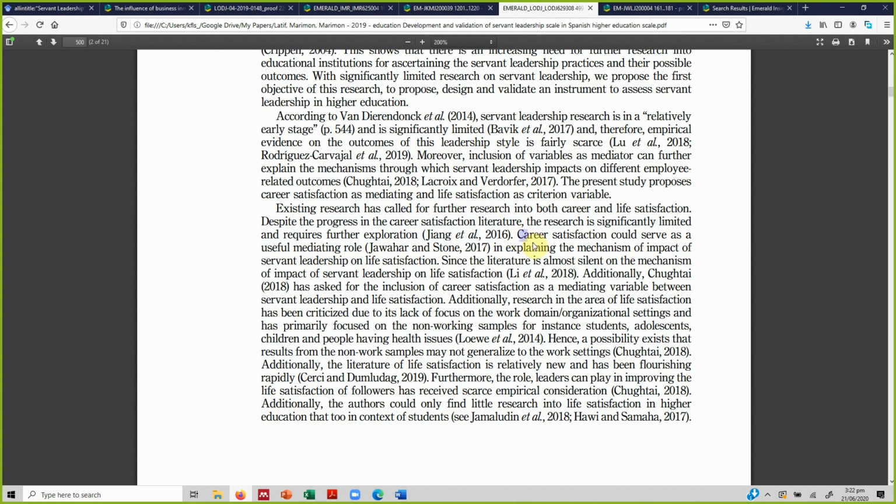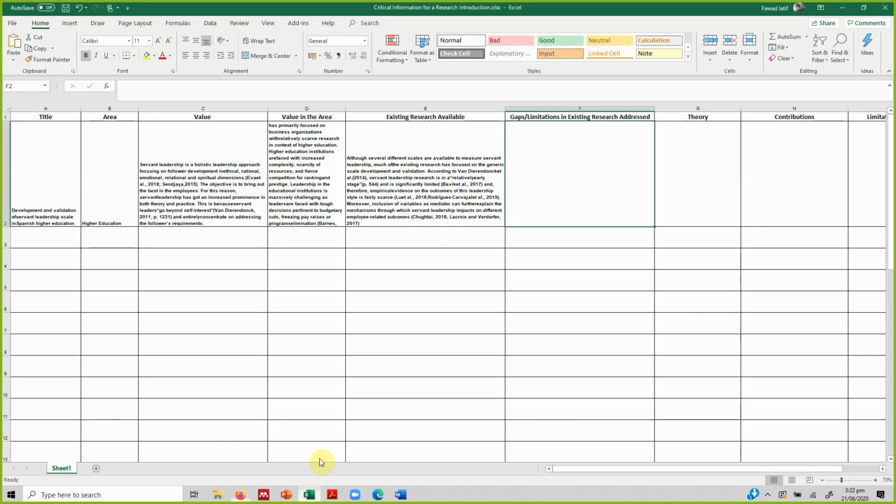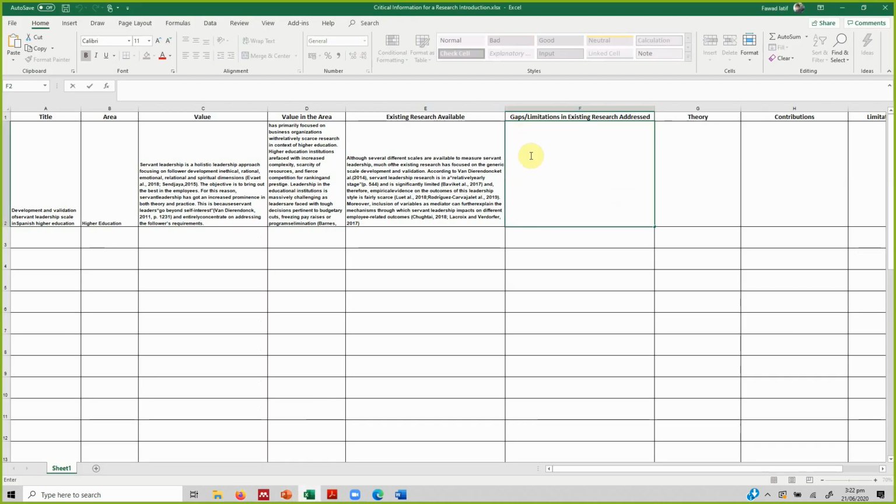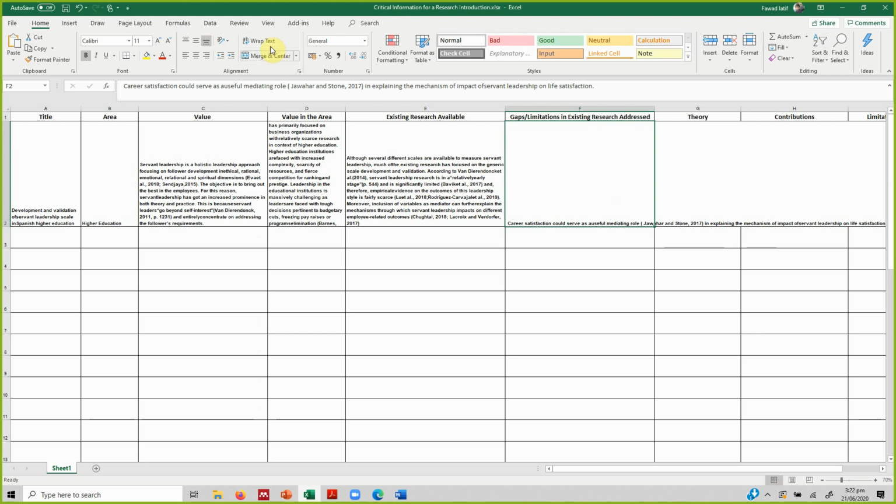So this is the gap that they have addressed. I've mentioned before that these two things can go side by side. So what you can do is copy this text here, because this is one of the gaps that they addressed, and just paste it here. So while you read through your introduction, this is how you can copy and paste the information.